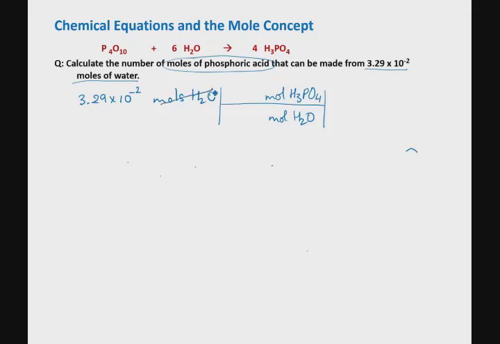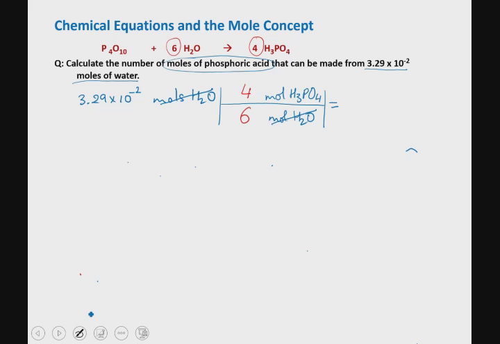Okay, so moles of H2O crosses out, gives us moles of H3PO4. This ratio that relates moles of water to moles of phosphoric acid comes from the coefficients for those two substances. 6 moles of water will produce 4 moles of phosphoric acid. That ratio comes from the coefficients.